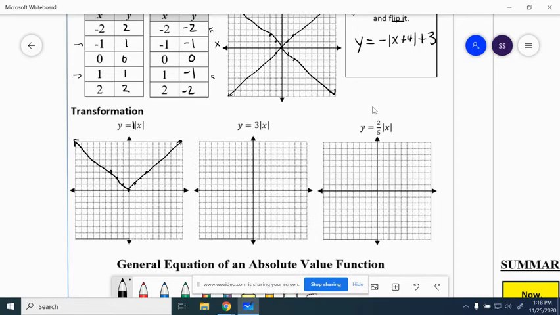So I want you to think of this value in front of the absolute value bars as kind of like your slope. Okay, so for this one here, our value in front is 3. So let's think about that as 3 over 1. The vertex hasn't changed. The vertex is right at (0, 0). But we're going to go up 1, 2, 3 over 1, up 1, 2, 3 over 1.